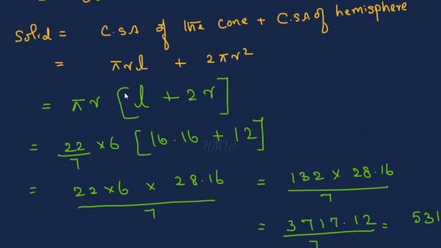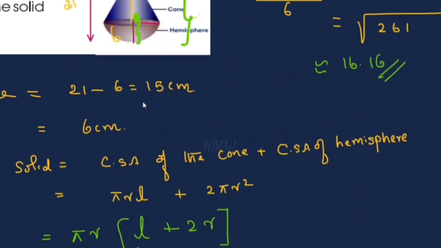So we can take out the common terms. Pi is common, r is common. So you get pi r (L plus 2r). Pi you can substitute as 22 by 7 or 3.14.